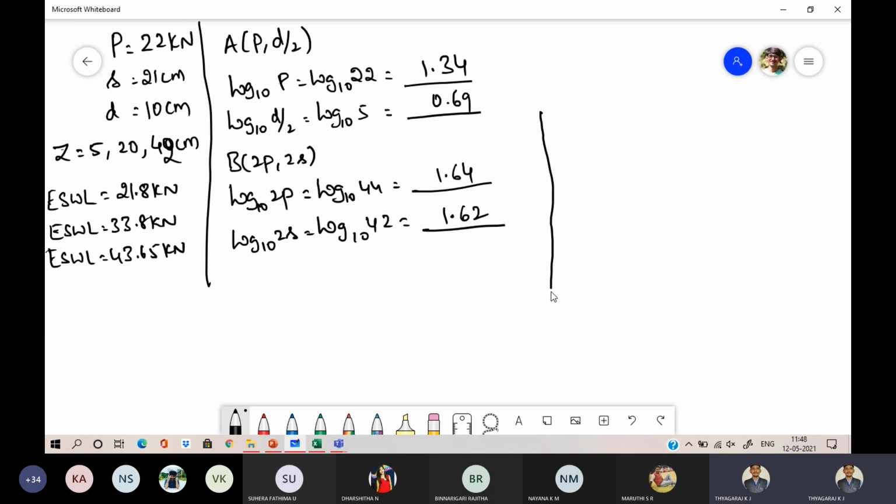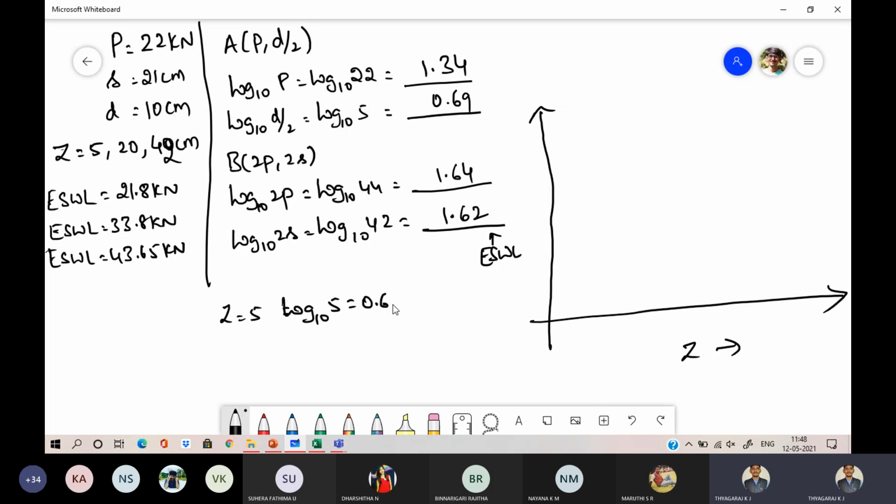we have to plot the graph. That is ESWL on y-axis, Z on x-axis. So Z is equal to 5 means log 10 5 is 0.69. Z is equal to 20, log 10 20, calculate the value.